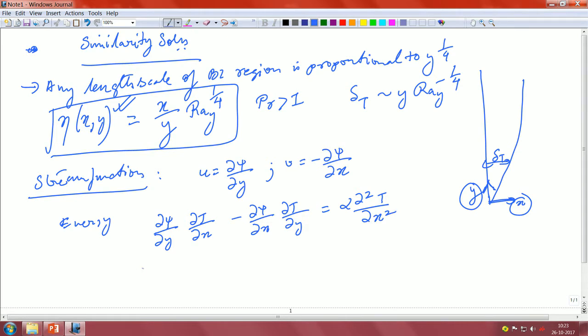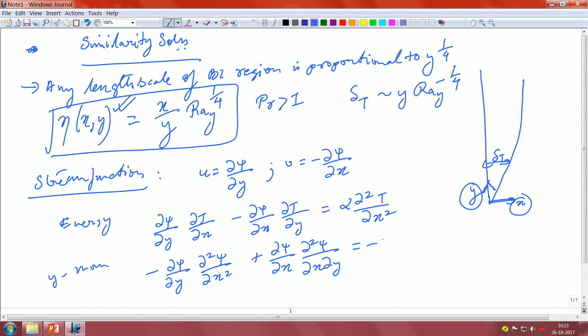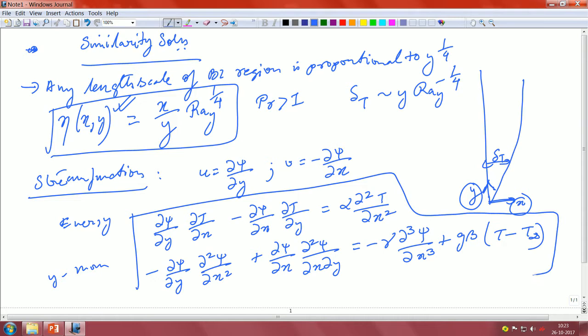On the other hand, the momentum equation, which is basically the y momentum equation, d psi dy d square psi dx square plus d psi dx d square psi dx dy equal to minus gamma d cube psi dx cube plus g beta T minus T infinity. These are the two expressions that we had earlier.